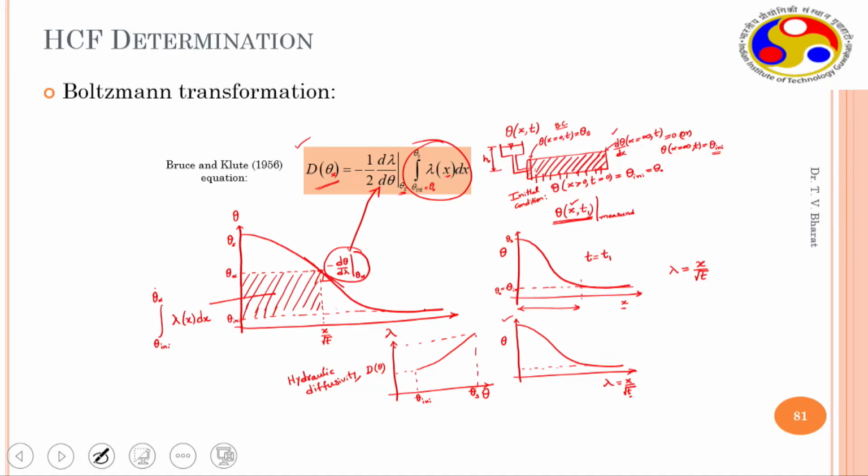There is one old derivation for estimating the diffusivity. Diffusivity I just defined: K times dH by d theta, the slope of the SWCC. Right? This is by Bruce and Klute, 1956. Please remember the date, 1956, long back. Using the Boltzmann transformation, using the theta variable, he converts psi also into theta, and then he does this.